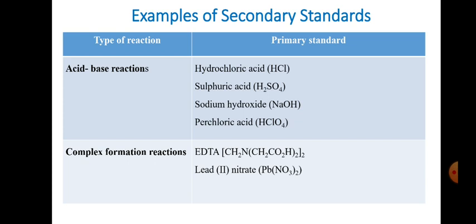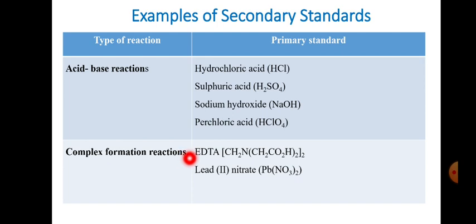So what are the examples of secondary standards? When we talk about acid base titration, HCl, hydrochloric acid, then sulfuric acid H2SO4, NaOH, which is again hygroscopic, and then perchloric acid HClO4. These are the substances we can use as secondary standards. By mistake we have written primary standard here, so it should be secondary standard.